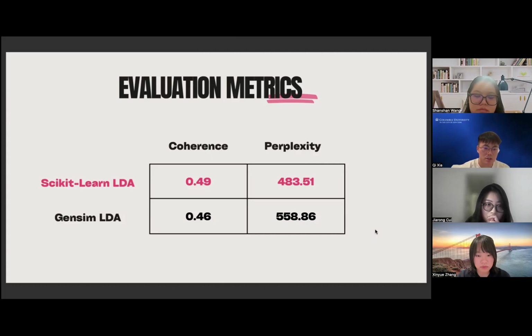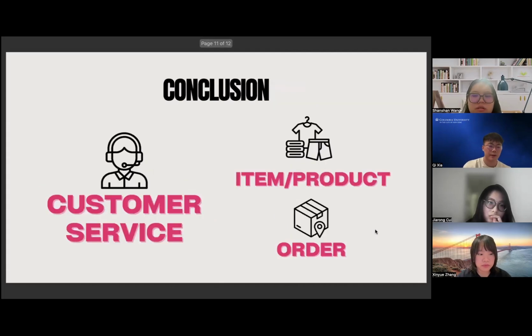And the Gensim LDA model has a 0.46 coherence score plus 558 perplexity score. In evaluation, the higher the coherence score the better, whereas the perplexity score is the opposite. So after comparison, we concluded that the scikit-learn LDA model is better, and we decided to use this as our final model. Next slide, please.